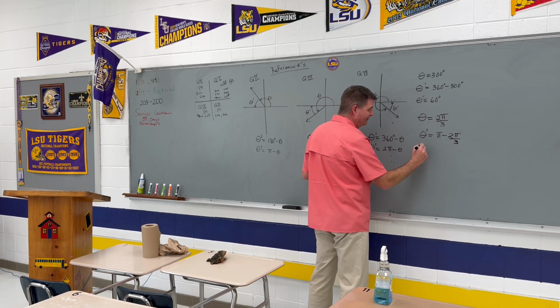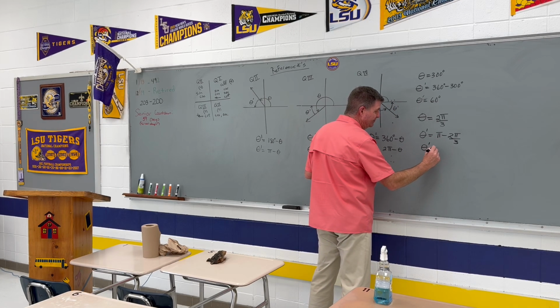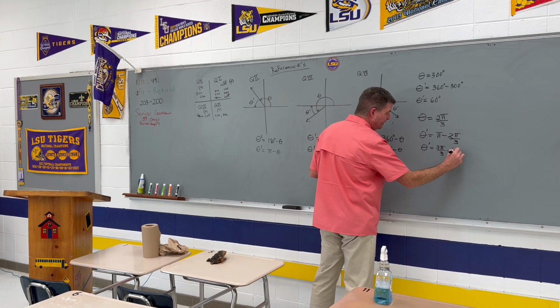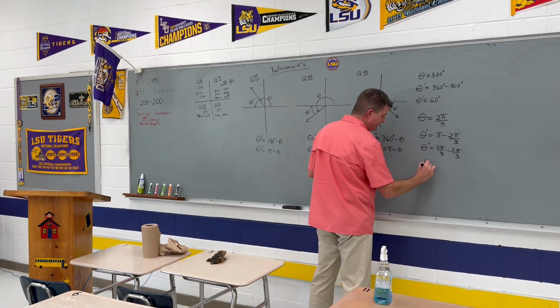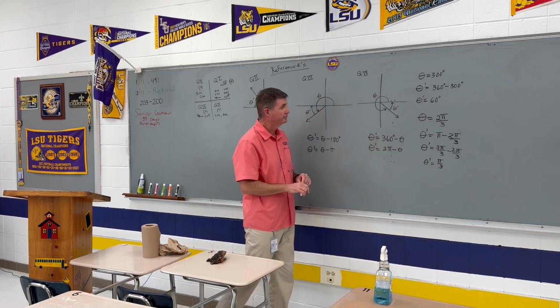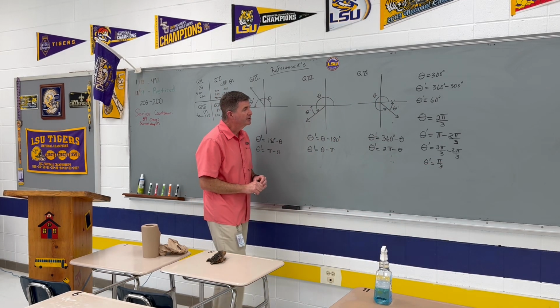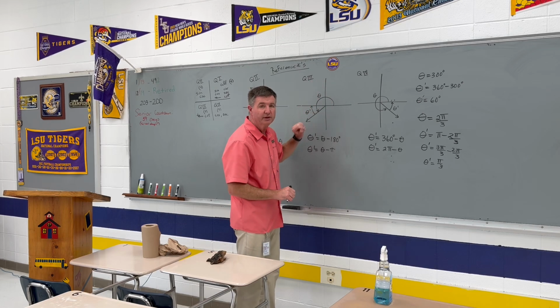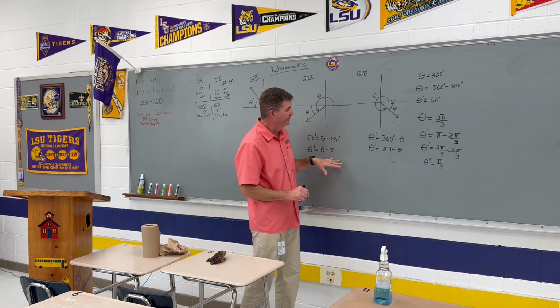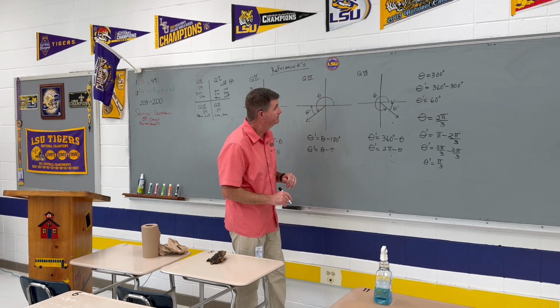In order to subtract fractions, I have to have a common denominator, so that would be 3 pi over 3 minus 2 pi over 3, and theta prime would be pi over 3. So pretty much you have to recognize what quadrant you're going to be in and know whether you're doing the degrees or the radians.